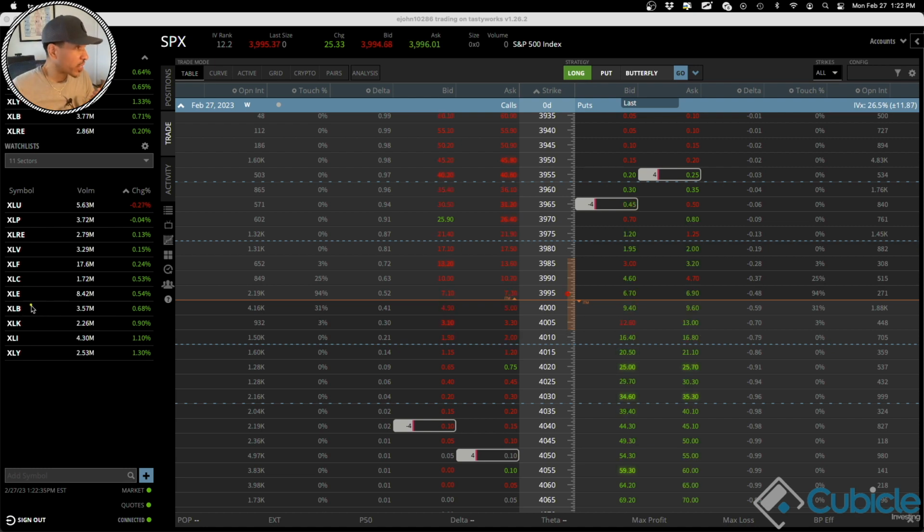And the XLV, which is the healthcare sector, has about 15%. So those two sectors together have a pretty significant influence on how the market moves, and I'm always looking at them.